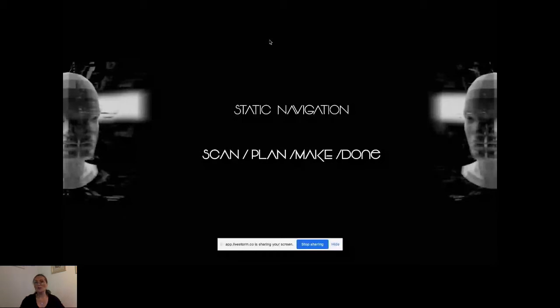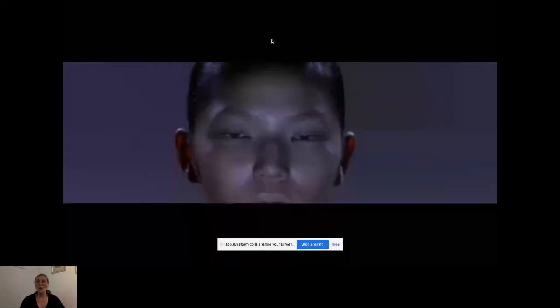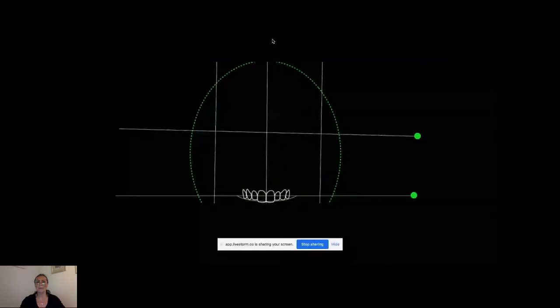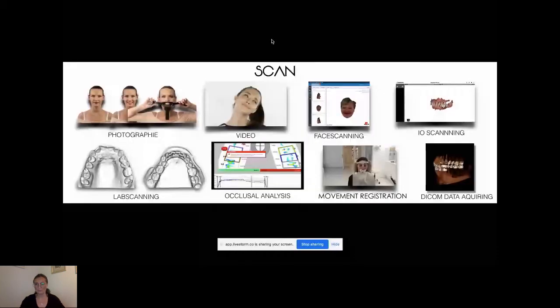So the digital workflow starts with the digital acquirement of all the data through all kinds of different software which we implement, starting with a photography, with a video of the patient, with a face scanning, intraoral scanning or lab scanning, with an occlusal analysis of the patient, digital movement registration through a certain technology, which I will show you later on, and also a DICOM data acquirement.